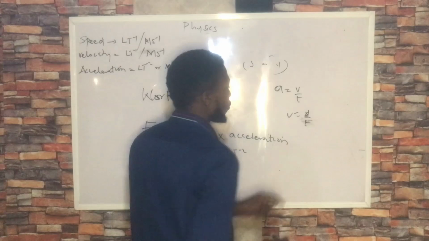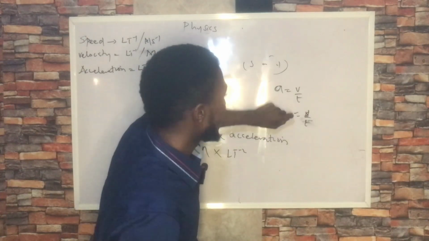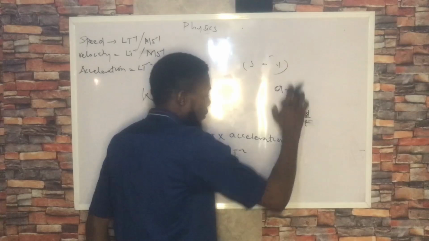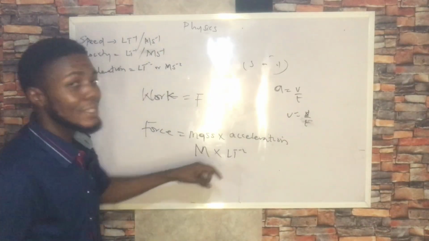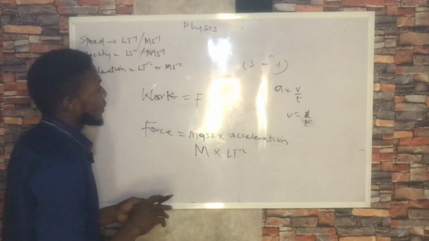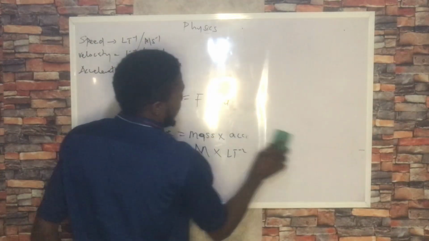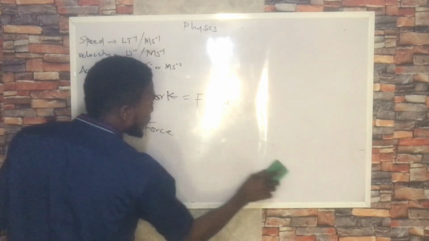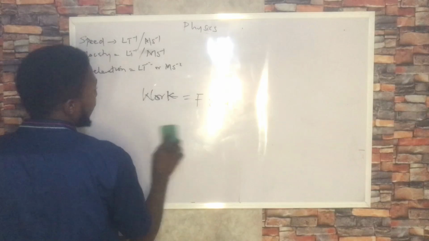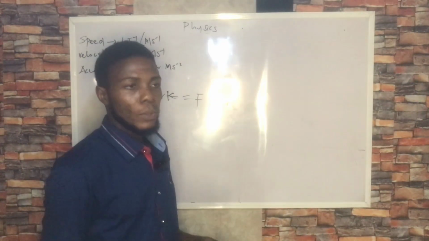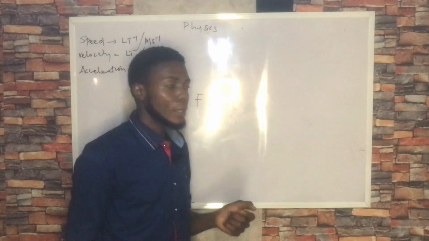After you are done with this, whatever you get, you bring it in here to get your acceleration. That's if you want to express completely. All I'm saying is that you really don't need this one in JAMB. Again, no one is checking how expressive your work is.